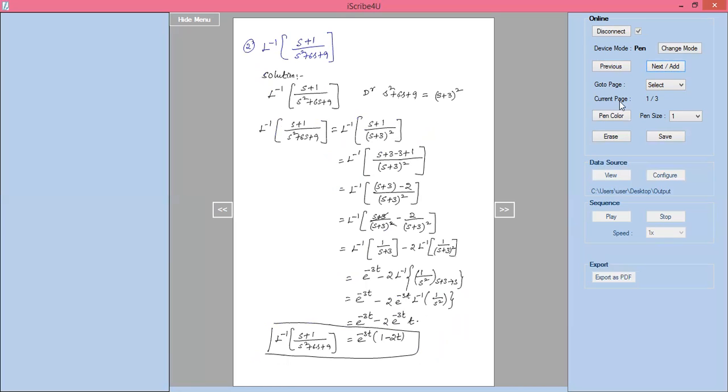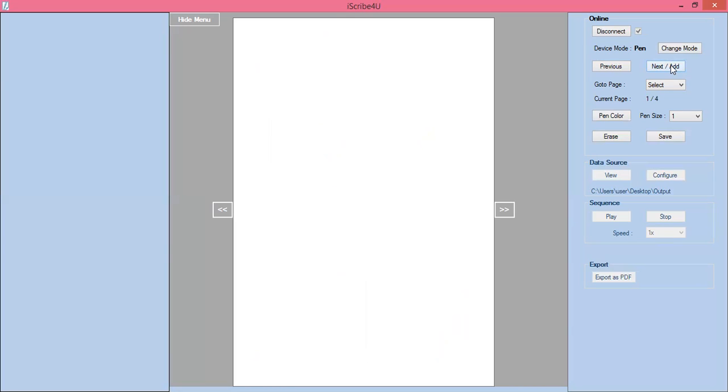The next problem should take the form of L inverse of s plus 1 divided by s square plus s plus 1.